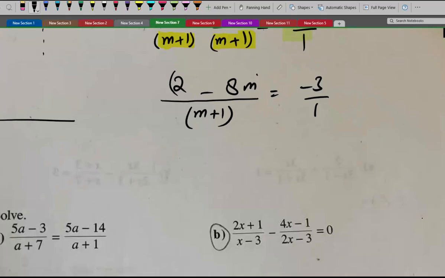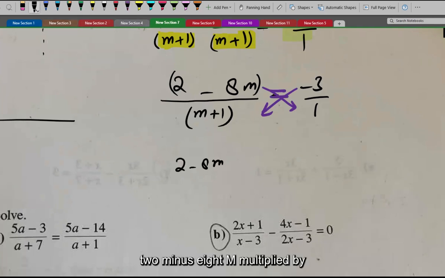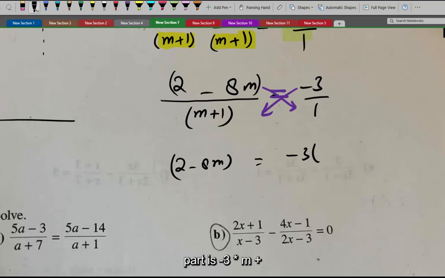So now I think it's time to have that a over b equal to c over d thing. Now we can multiply like this. So if I simplify it here, 2 minus 8m multiplied by 1, I won't write the 1 because it doesn't matter. For the other part it is minus 3 times m plus 1.